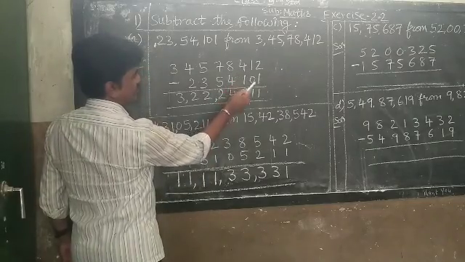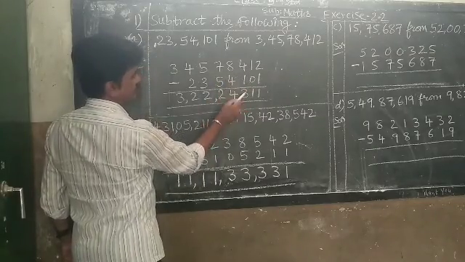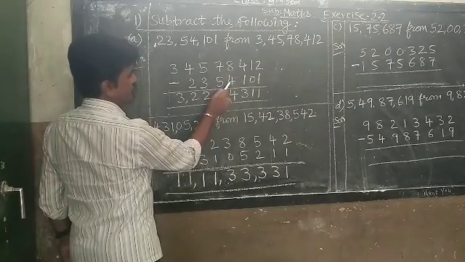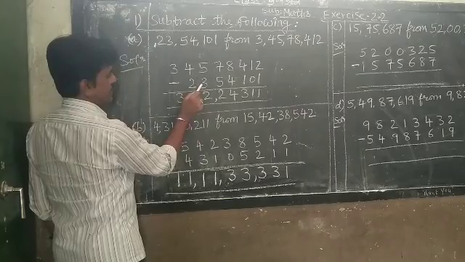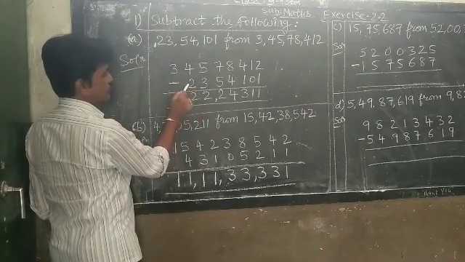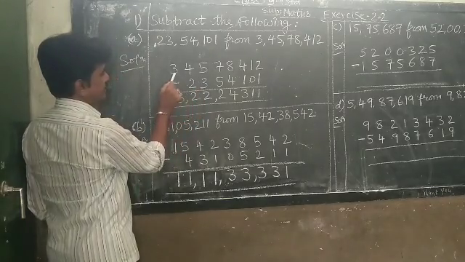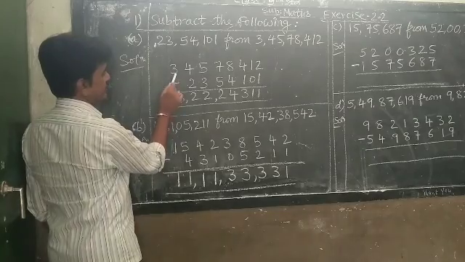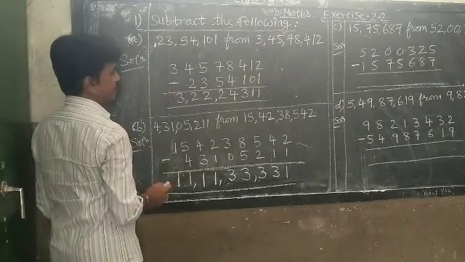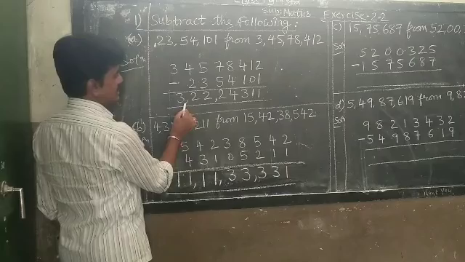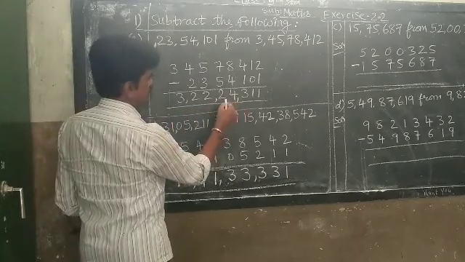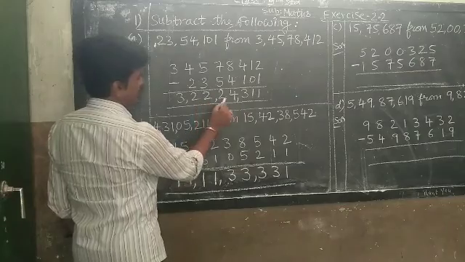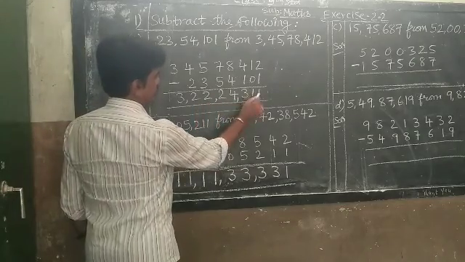Next, tens place. 1 minus 0, 1. 4 minus 1, 3. 8 minus 4, 4. 7 minus 5, 2. 5 minus 3, 2. 4 minus 2, 2. 3 minus, here nothing, no digit here. So 3 minus 0 is 3 only. So what is the answer? 3 crore 22 lakh 24,311.